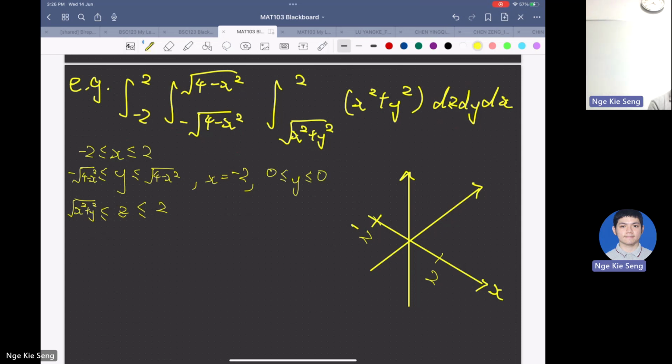Similarly, you can check for x equals 2. So maybe let's pick some other point. Let's pick x equals 0. What do you get? So when x equals 0, y is bounded by what?